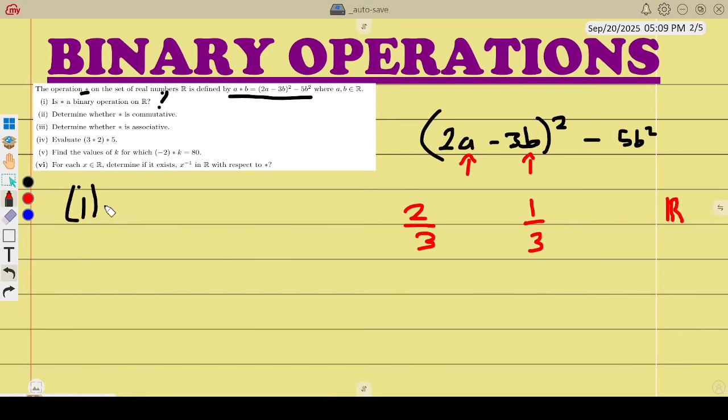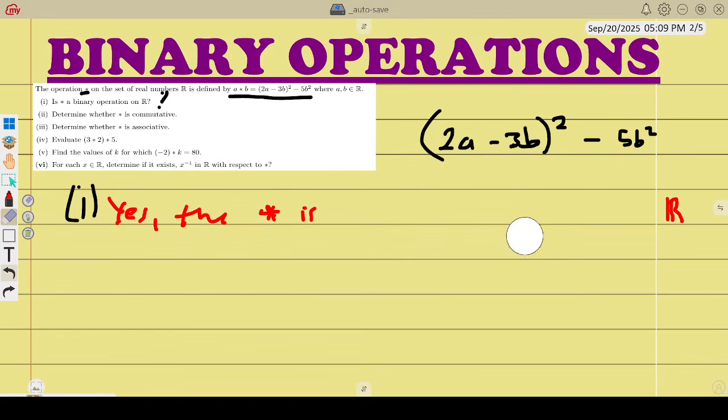So for the first one, you just say yes, the operation is binary on real numbers, unless you can manage to think of two real numbers whereby if you put them here and there, you get a complex number. If you can think of something, you just conclude.